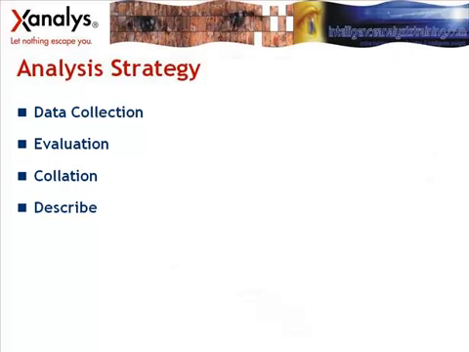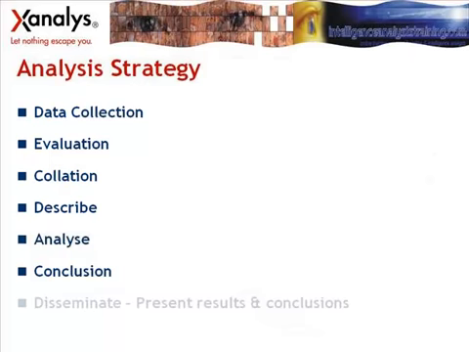Then, using Explorer, you can describe in chart format what the information actually is. This will enable you to analyze, come to a conclusion or hypothesis, and then again, using the software, you will be able to disseminate and present your results and conclusions.